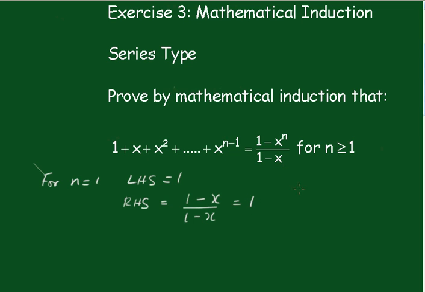Just one little point here, x cannot be equal to 1. I should have made that statement. Otherwise this makes it a 0. So this will be true, but x cannot be equal to 1. Therefore, the left-hand side is equal to the right-hand side. Therefore, the statement is true for n equals 1.